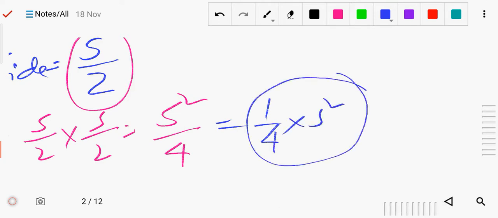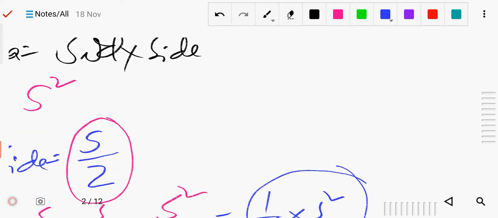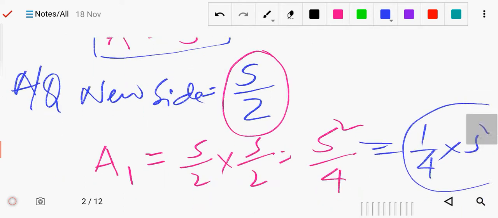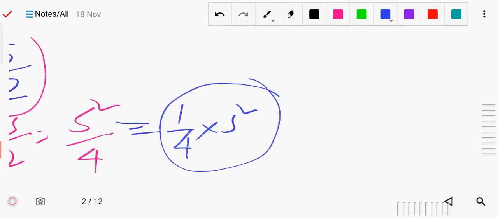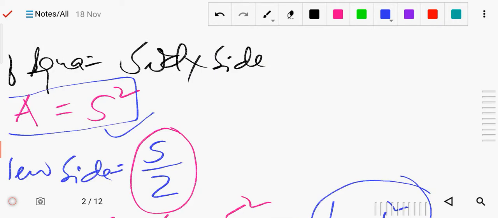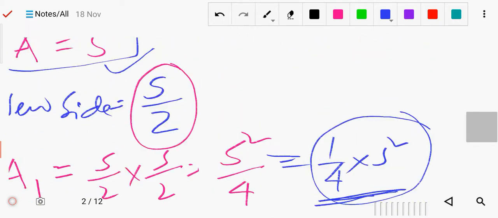You can compare the old one with the new one. The area was S squared only, but now it is divided by 4. So it has become 1 by 4th of the old area. Earlier it was S squared only, now it is 1 by 4th S squared.